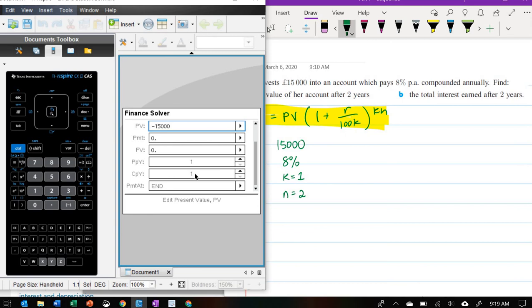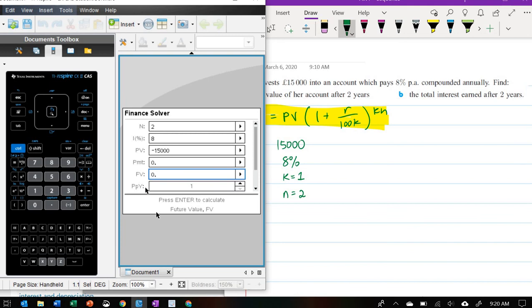If compounding per year was quarterly, we would change compounds per year to 4 and payments per year to 4. And we leave the payment at the end of the month, so we don't worry about that. Okay, then we go back to what we want to solve, which is the future value, and we put our cursor there.